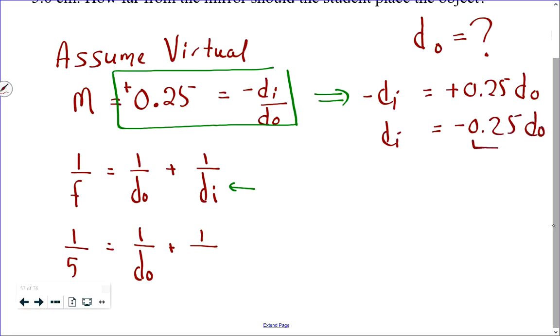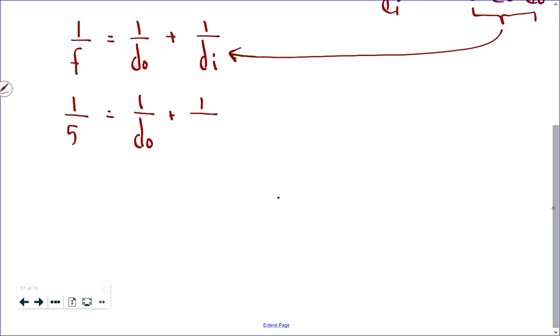And this is what's going to go in here. So let's see what happens. We have 1 over 5 equals 1 over dO plus 1 over negative 0.25 dO. Forget for a second about how we're going to solve this, or how you would solve it. It can be solved because it's dO. There's no other variable.